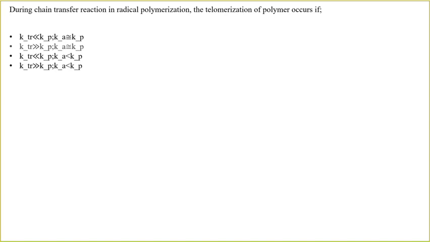So in this case, when the rate constant for the transfer reaction is very large compared to that of the propagation, it is quickly transferring before it is propagated. So the activity of the chain is transferring before the chain can propagate.